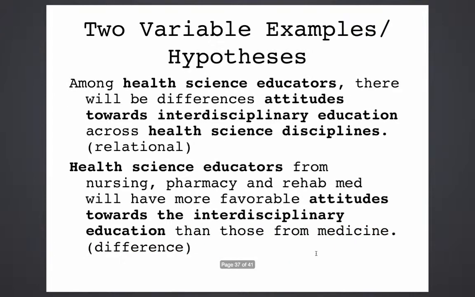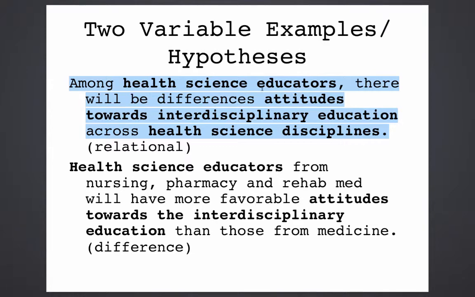So it looks like when they're referring to health science discipline, they're limiting themselves to pharmacy, nursing, medicine, and rehab med. Now I want to show you two examples of research hypotheses written in, again, relational and difference format. Same context for each of these, so you could actually map these back to the previous slide, but this time it's written as a hypothesis instead of a question.